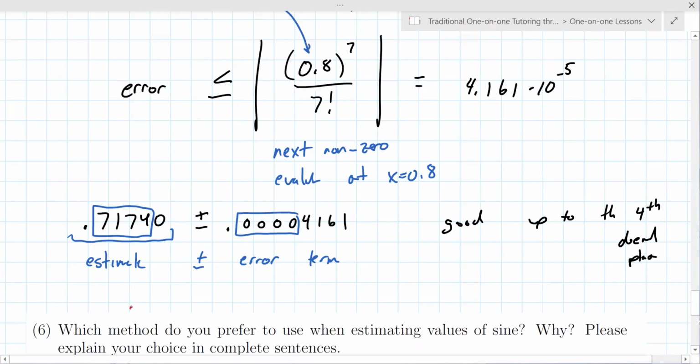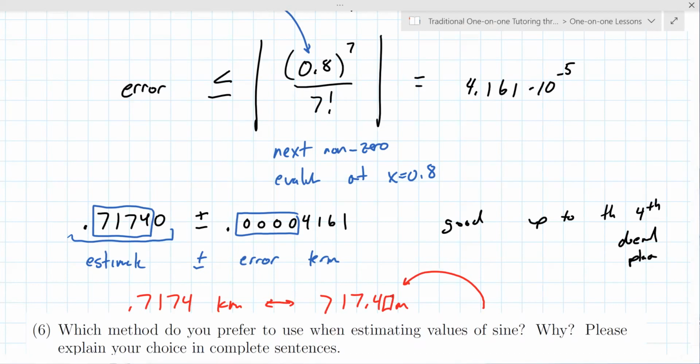We know that that's 0.7174 kilometers for sure, which is 717.4 meters. So if you want to launch a projectile, you're going to be within the 100th place of a meter, about as far as you can reach out your hand. It's pretty accurate.